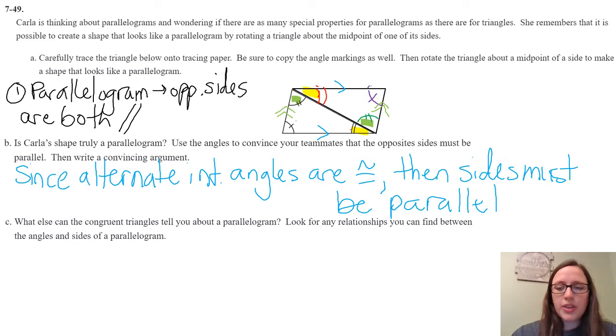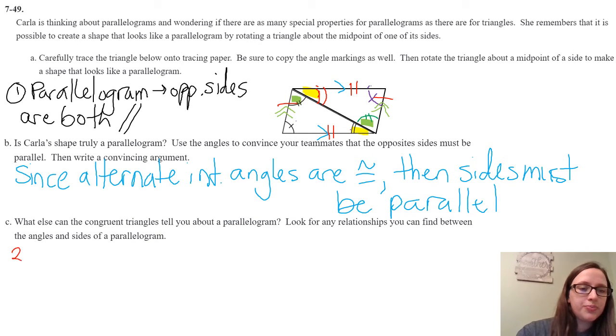What else can the congruent triangles tell us about the parallelogram? Well, since we do a rotation, all the sides are going to be the same length, so its corresponding sides are congruent. Those opposite sides and these opposite sides that I just marked are congruent to each other. So that's going to be our second property.